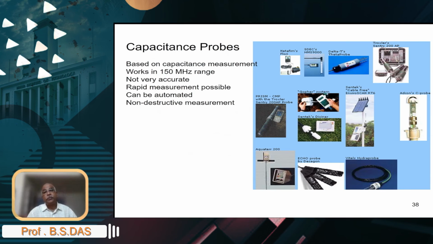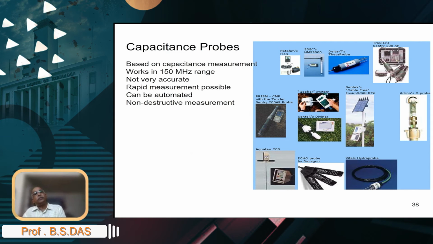You could also get a cheaper version, the capacitance probes, where you work not in the gigahertz range but in the megahertz range. So you measure the capacitance of the soil, because signal generators for low frequency, even at the megahertz level, are cheaper.